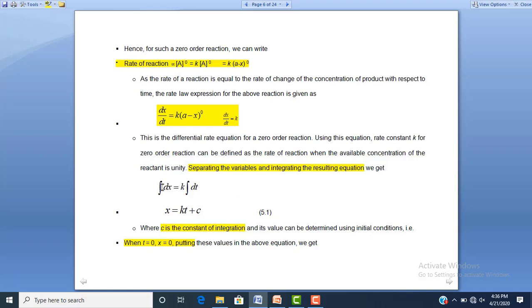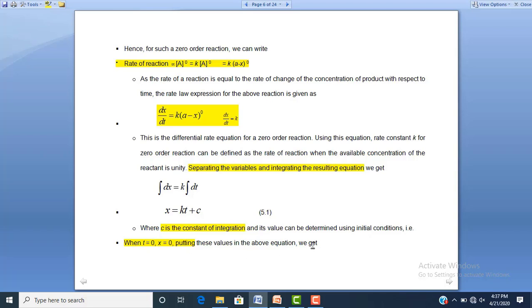After integration of dx, we get x, and according to the rules of integration, it will be kt plus c. What is c? C is called the integration constant, the constant of integration, and its value will be determined by using the initial conditions: when t is equal to 0, x is equal to 0.